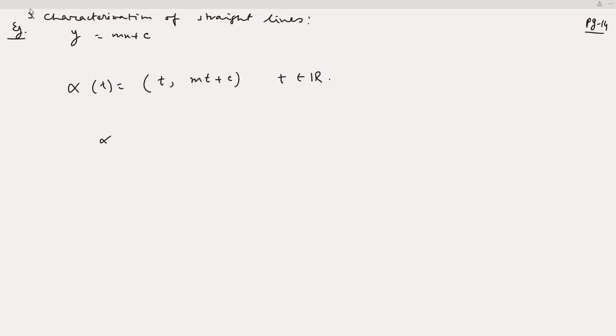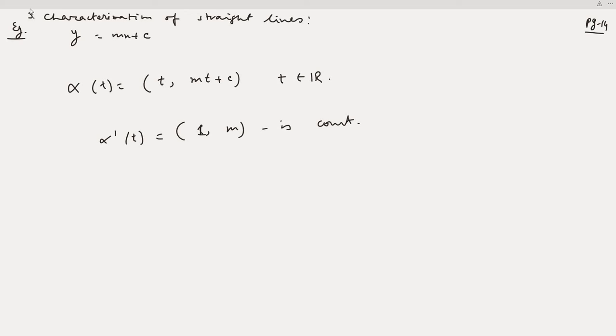Then what is alpha prime of t? This is equal to 1 comma m. This is independent of t, so this is constant. So any straight line has a constant tangent vector.